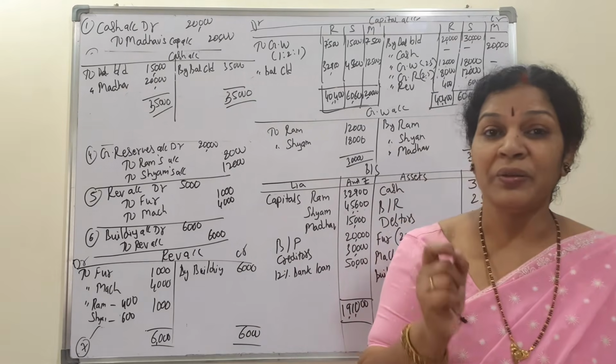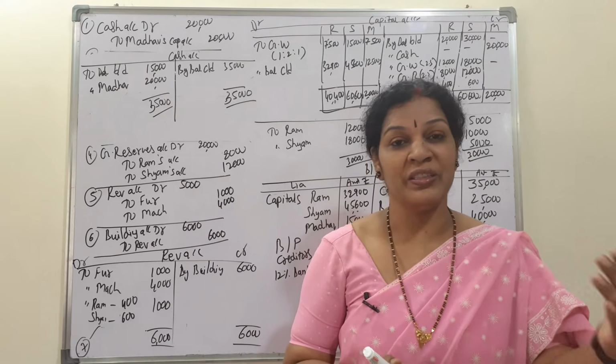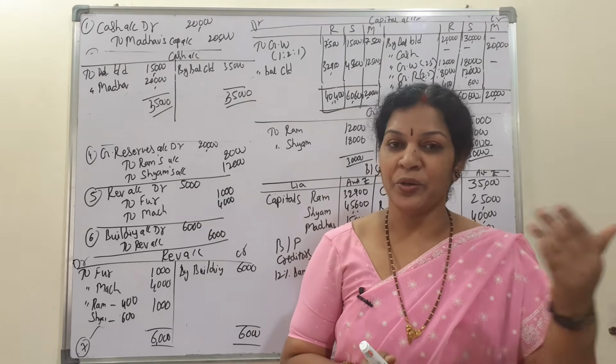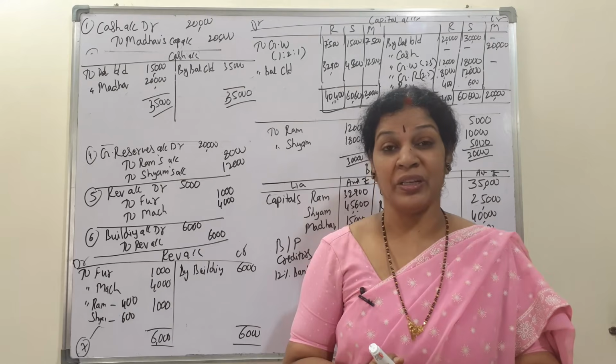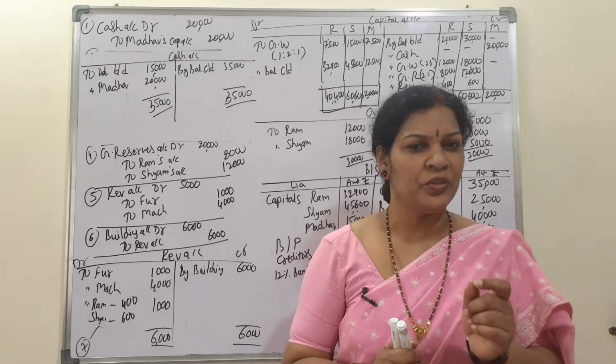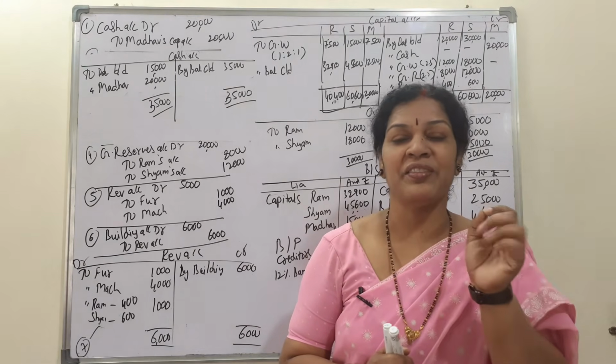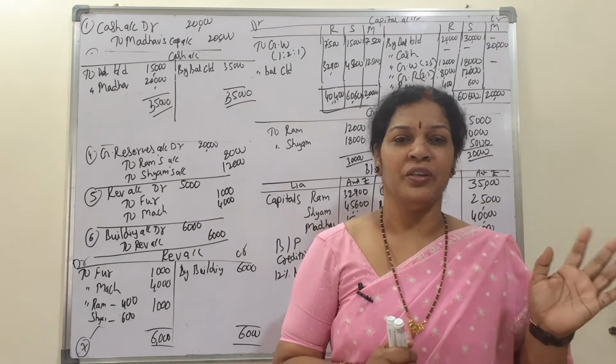So here what we have learned is goodwill created and written off. When goodwill is created, goodwill account is attached to old partners' accounts. Written off, all the partners' accounts are attached to goodwill account. Which ratio? At the end of the problem, that ratio is given, 1:2:1. In the same ratio we have to distribute it.